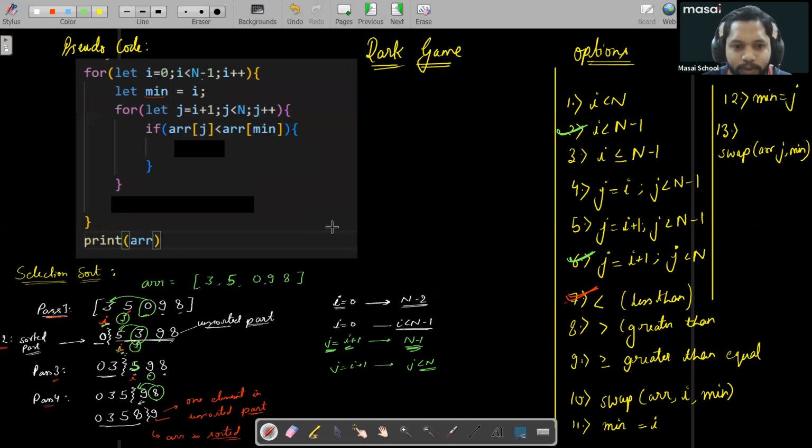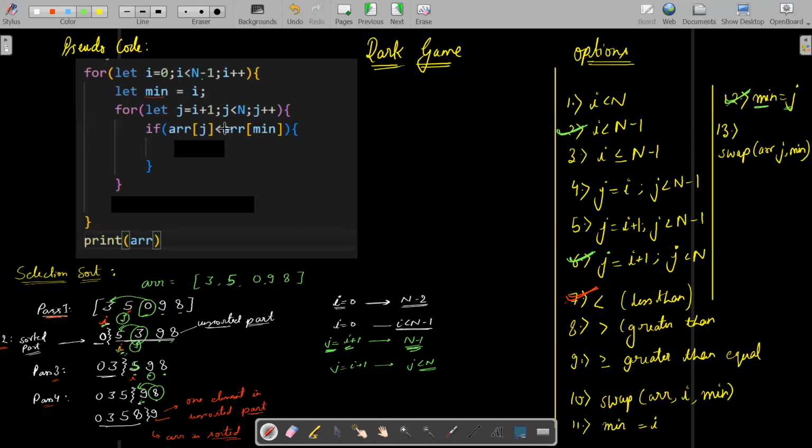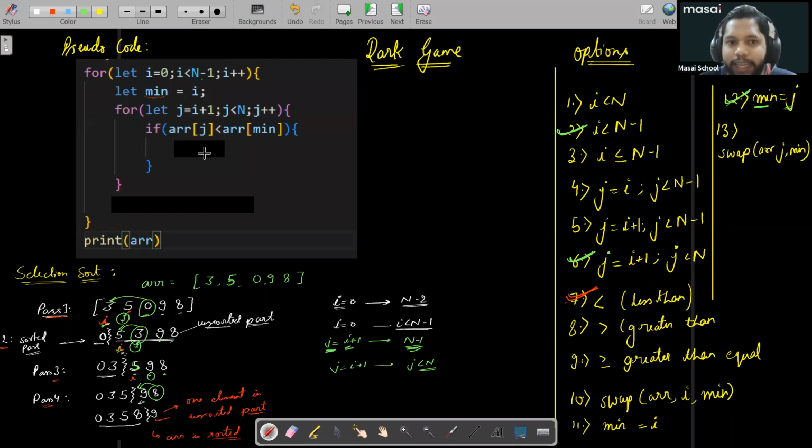Mayank, are you there? Yes, now you are audible. So you are saying 12th option, right? Minimum equals to j. Can you simply explain it a little bit? Because we have to swap that array with the j. But here we are not swapping, here we are taking the minimum.